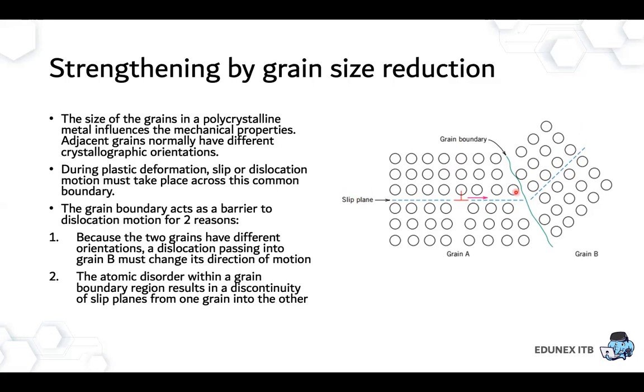Okay, and the atomic disorder within the grain boundary will result in discontinuity of the slip plane from one grain to another. So if you have smaller grains, that means you will have more grain boundary, which will also restrict the dislocation motion.